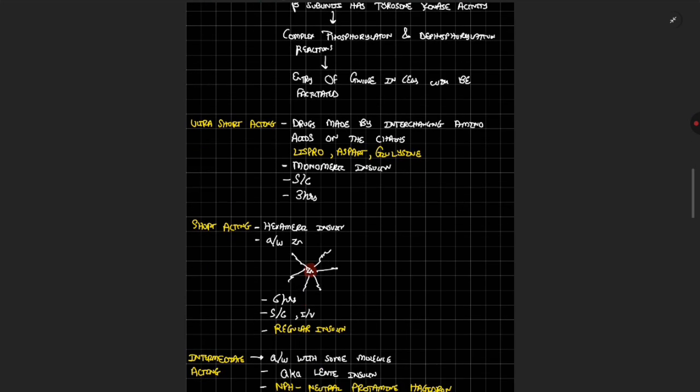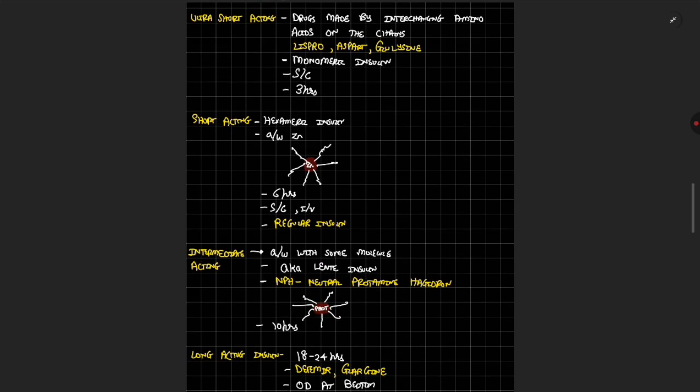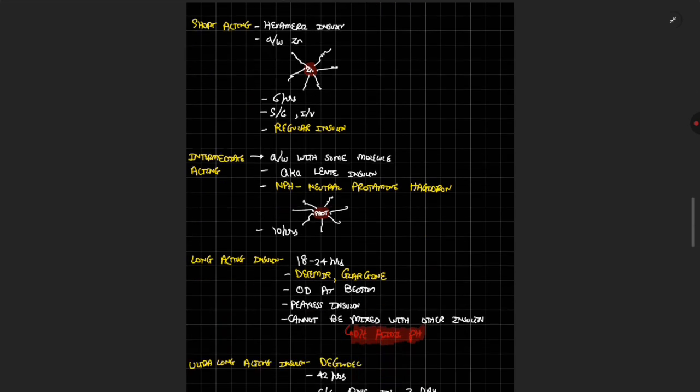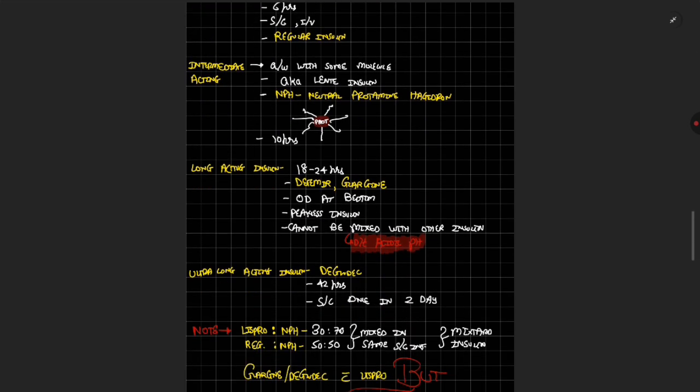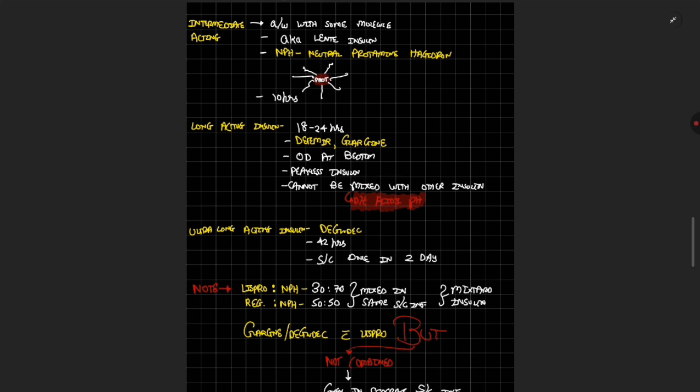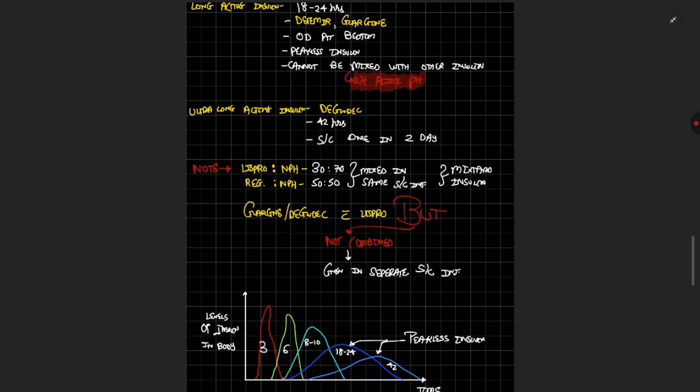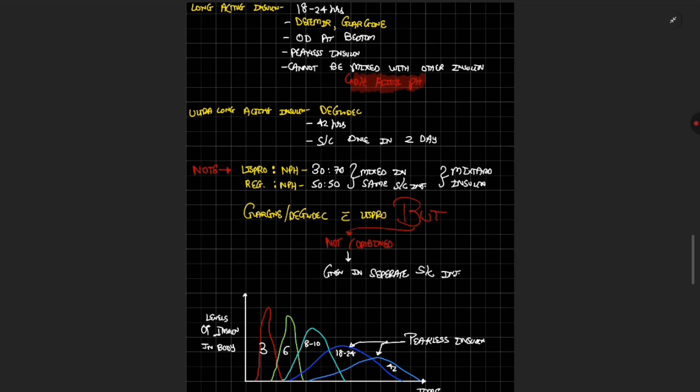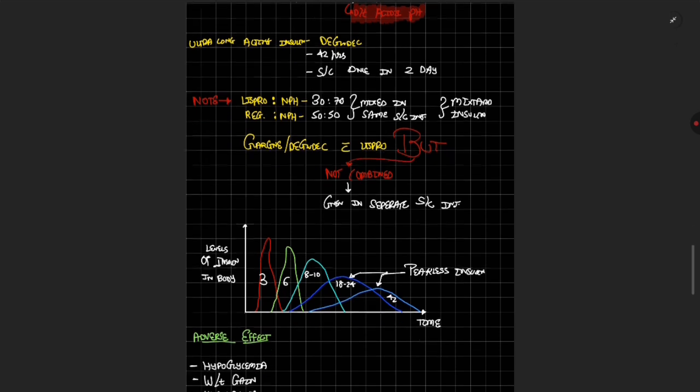Then we saw the classes: ultra short, which contains lispro, aspart and glulisine. Under short we had regular insulin. Under intermediate we had NPH, neutral protamine hagedorn. In long acting we have glargine and detemir. In ultra long we have degludec.